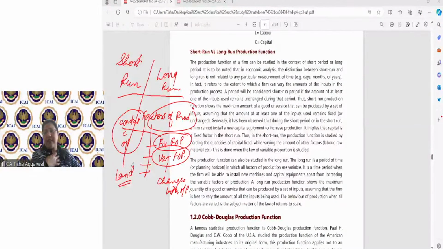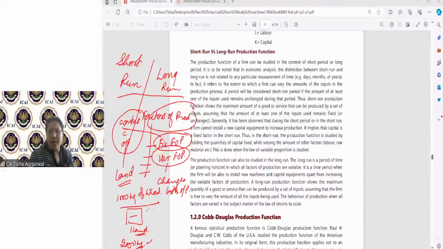For example, if I say that I want 1,000 kgs of wheat, which can be easily produced on one part of land, and then I say I want another 2,000 kgs of wheat, do you go tomorrow and buy a land?